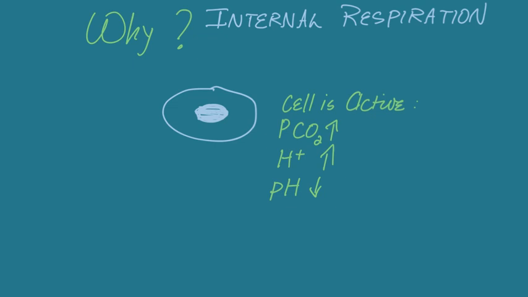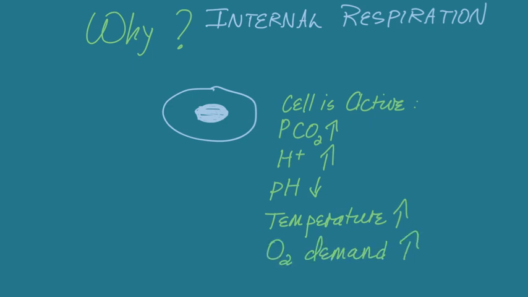Another thing that happens is that cells that are active tend to be warmer, so the temperature is higher. All of these factors are indicators that the oxygen demand of this tissue or cell is high. This allows the hemoglobin to release more oxygen molecules into the cell.